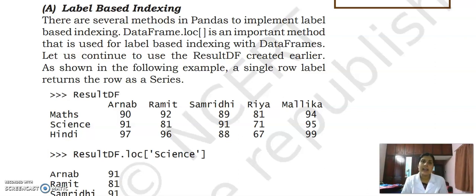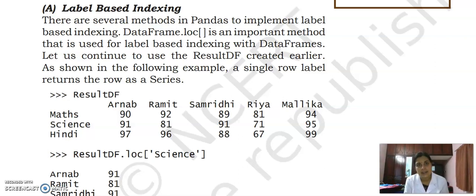Data frame means our data frame's name, not the keyword DataFrame. That keyword DataFrame is used as the constructor. We are not using that; instead, we are using the name of the data frame. That means we created a data frame already, and then we can access the element from the data frame. So there must be a name.